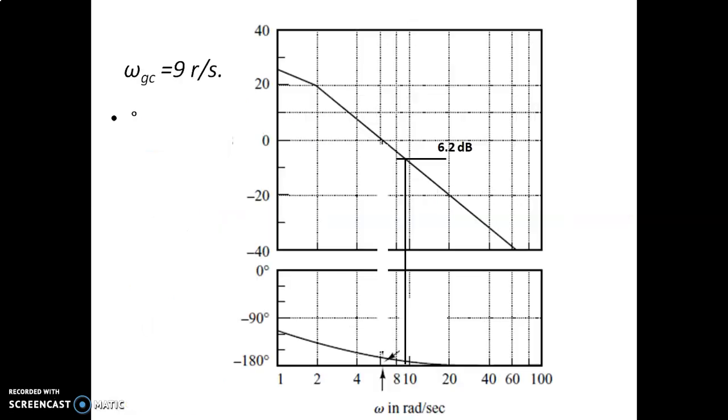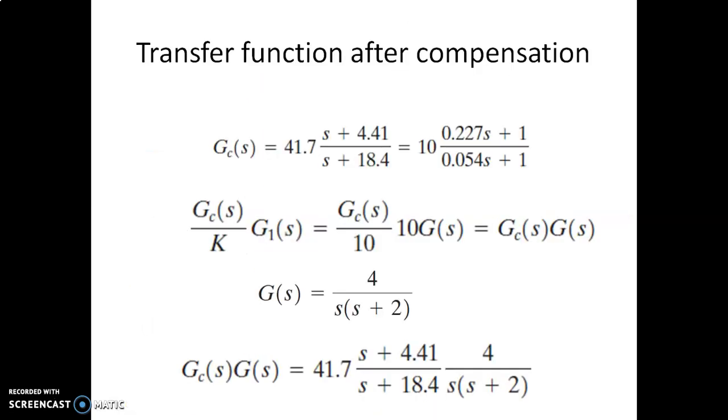is what is required. So we're going to end up with the transfer function of the compensation network as given by this. This is the pole-zero form, and this is the time constant form. What we're trying to do here is divide GC by K and multiply by G1, where G1 is actually G of s into K. K is equal to 10.